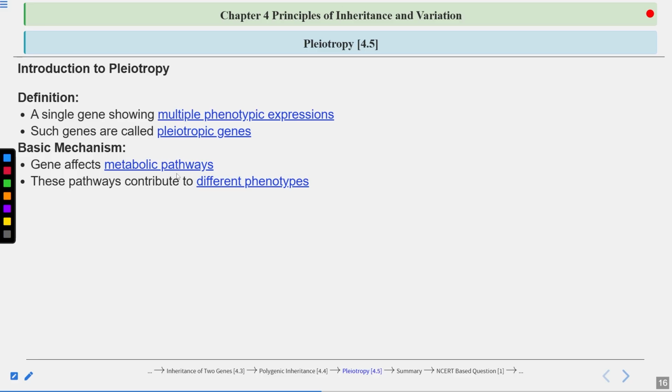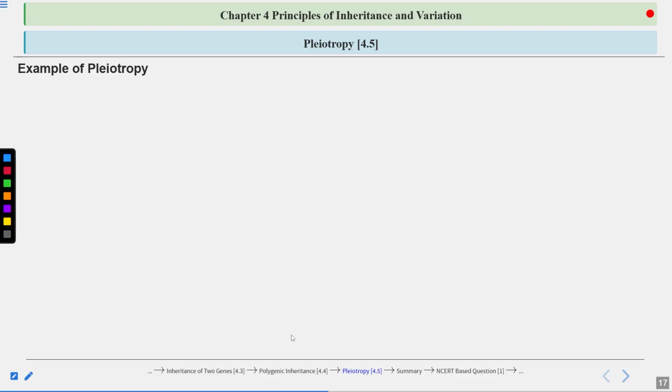So when the metabolic pathways are affected, this leads to multiple phenotypes. So this is the mechanism behind pleiotropy. Pleiotropic genes affect the metabolic pathways, and because the metabolic pathways are affected, this leads to multiple phenotypes. Here the single gene influences multiple traits.